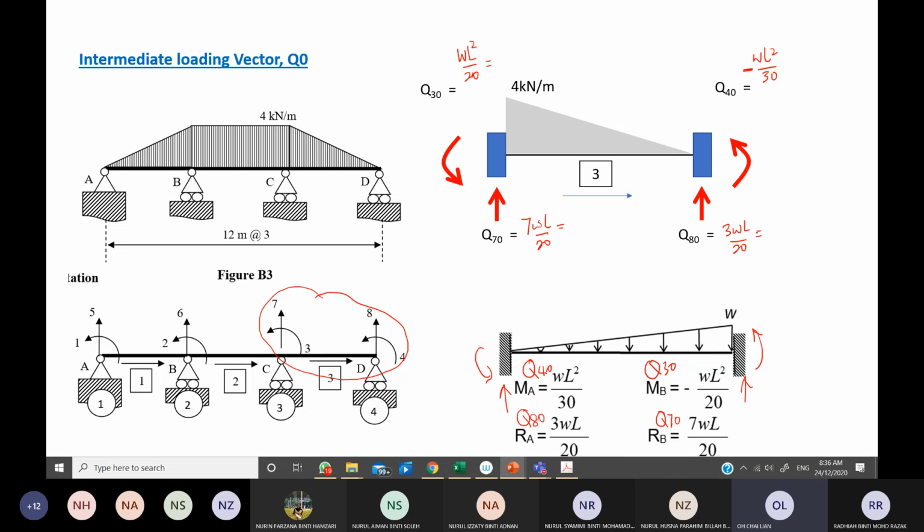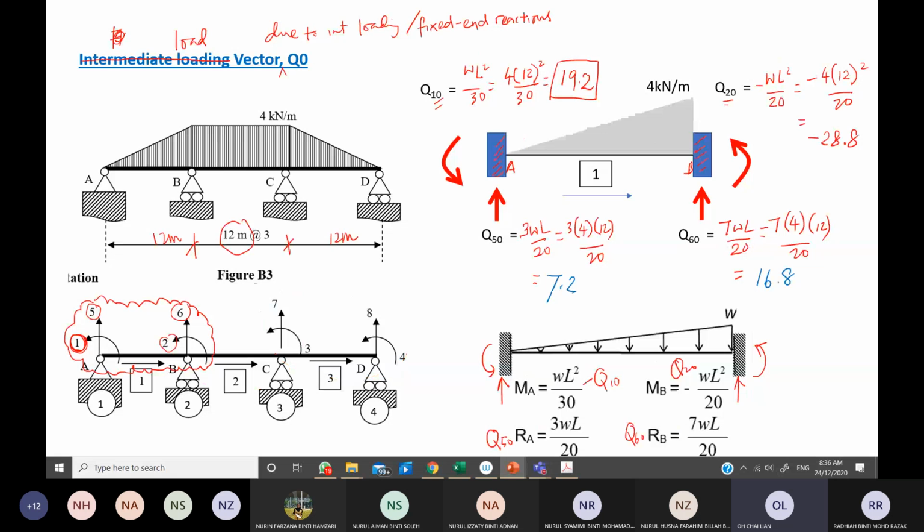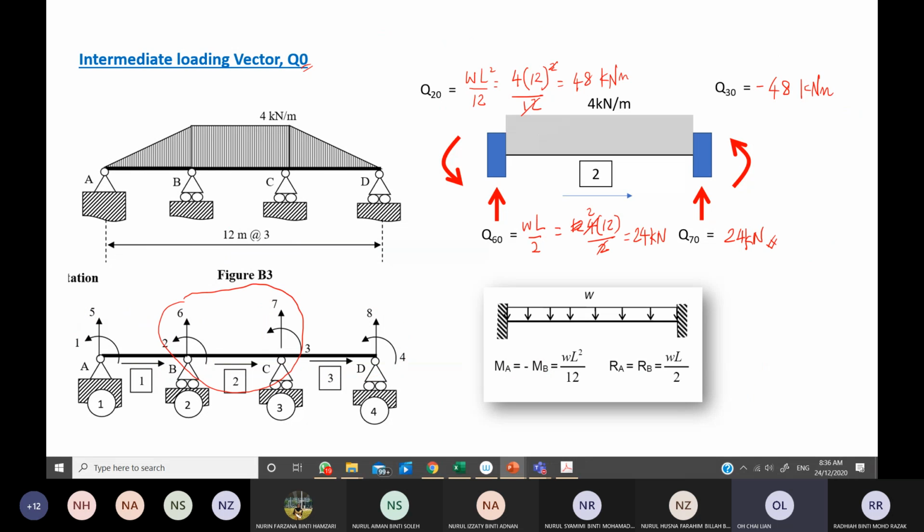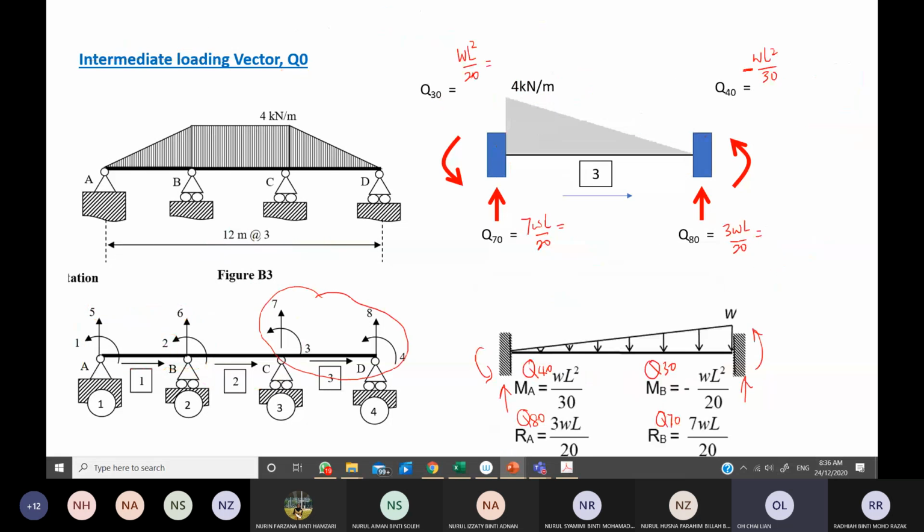Your Q1 node is 19.2, so 19.2 will be here.